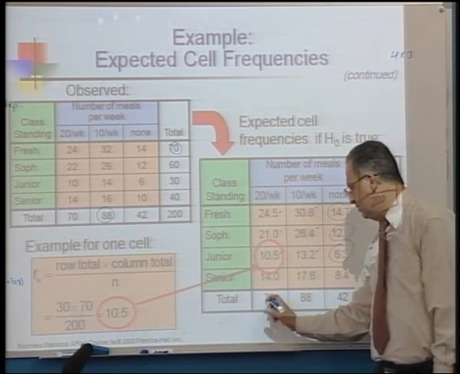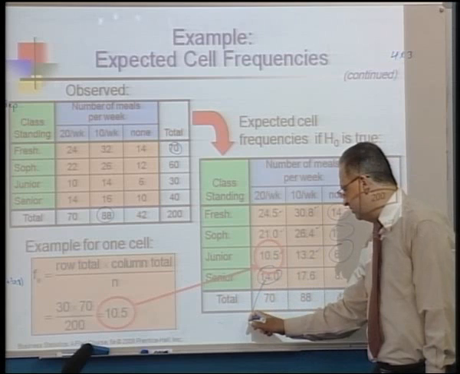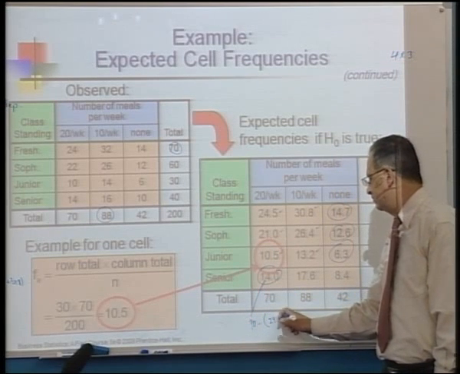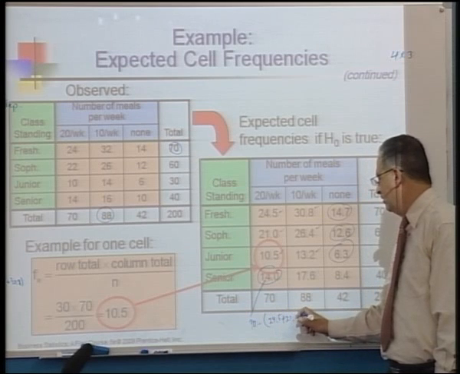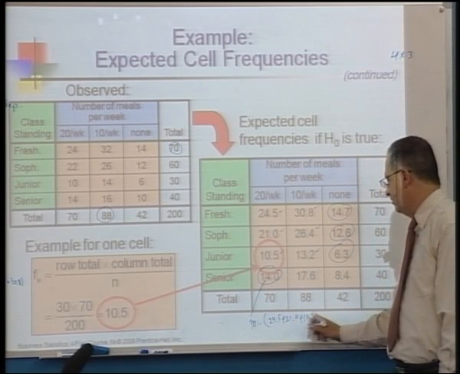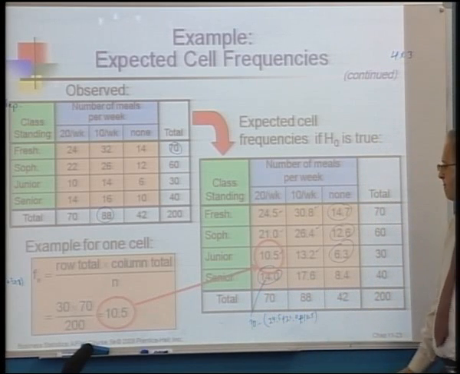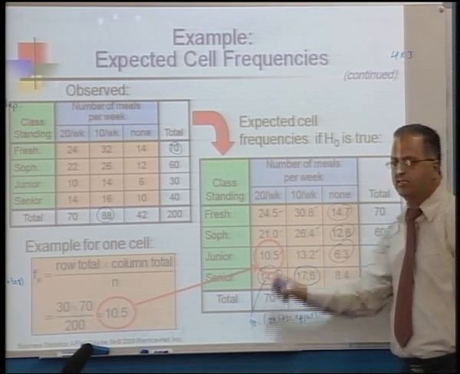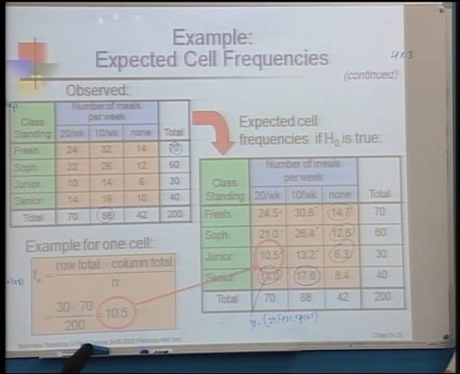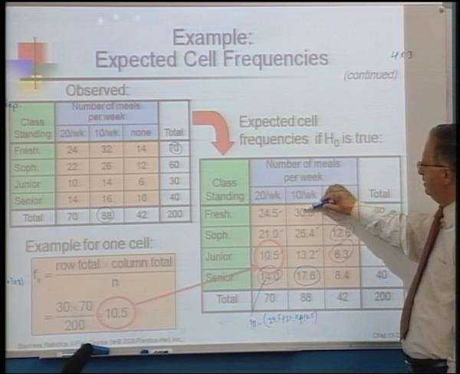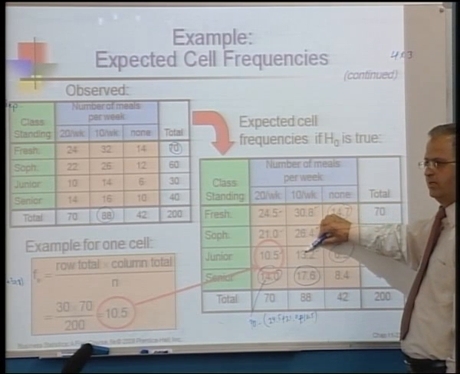So this 70 equals 70 minus the sum of 24, 21 plus 10. That will give 14. Now for the other expected cell, 88 minus the sum of these three expected frequencies.